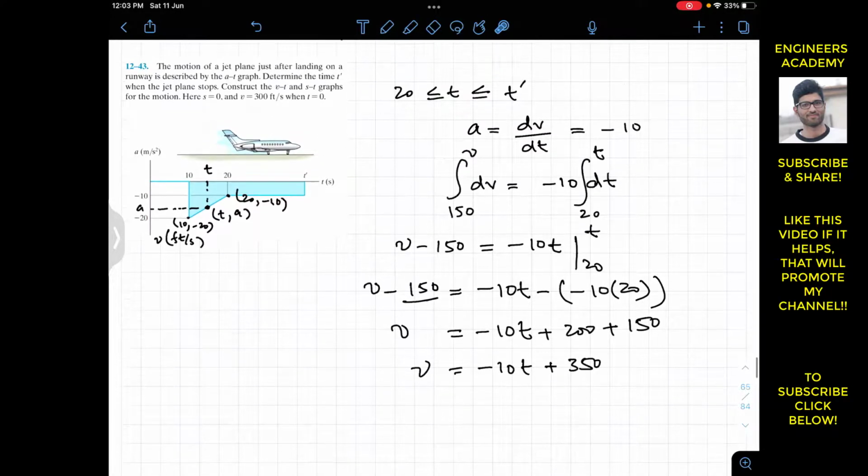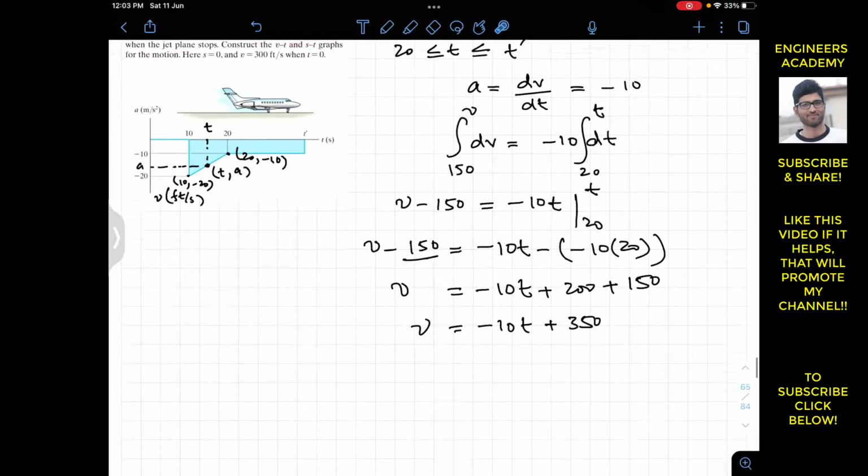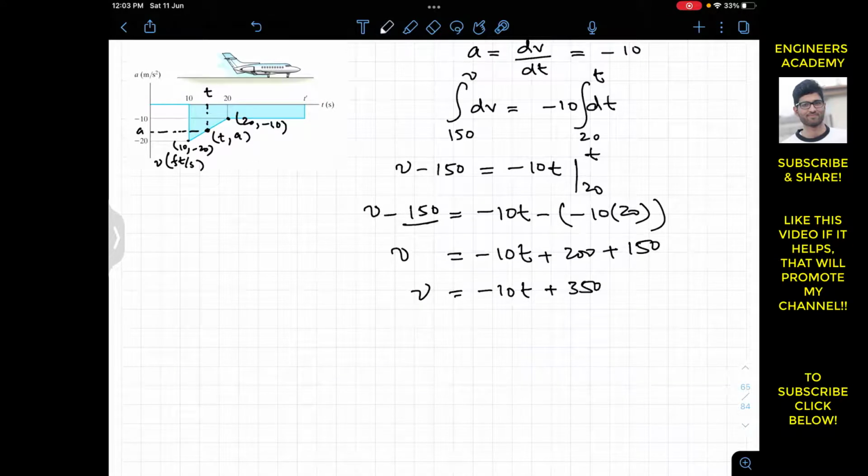So now it is said to find t' when the jet stops, right? So we determine the time t' when the jet plane stops. This means that when v equals 0, t is equal to t'. So now let's put it in this equation. We will have 0 equals minus 10t' plus 350.